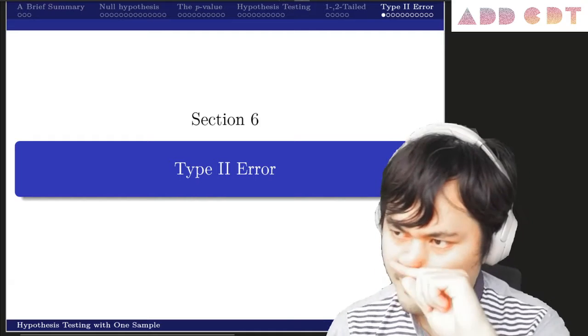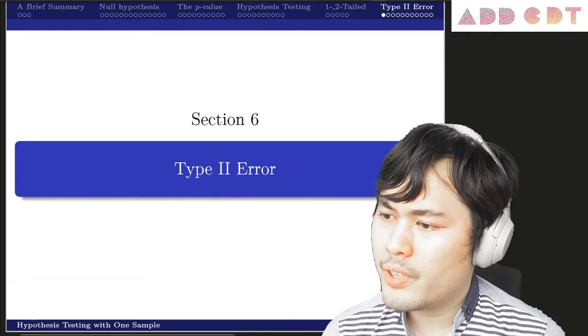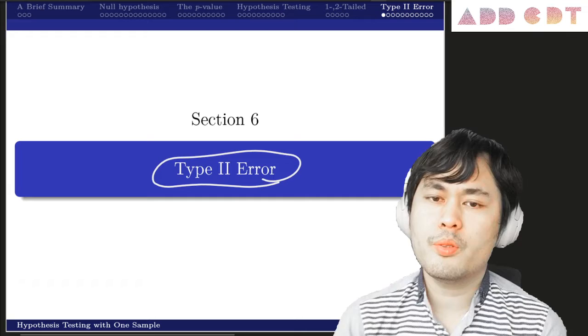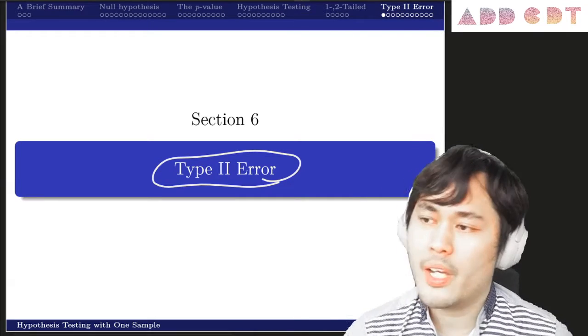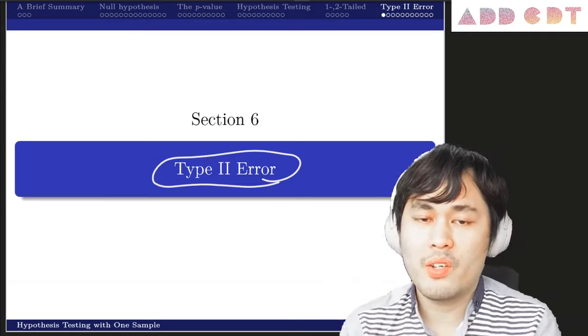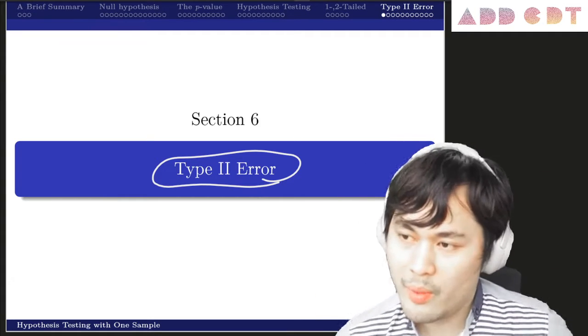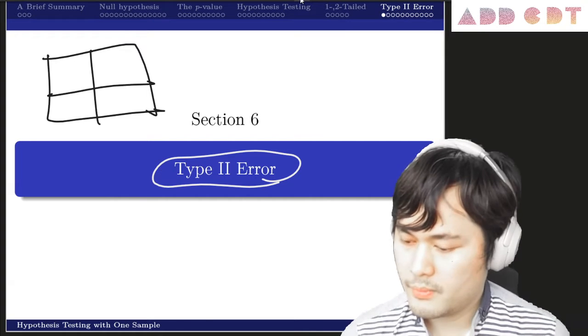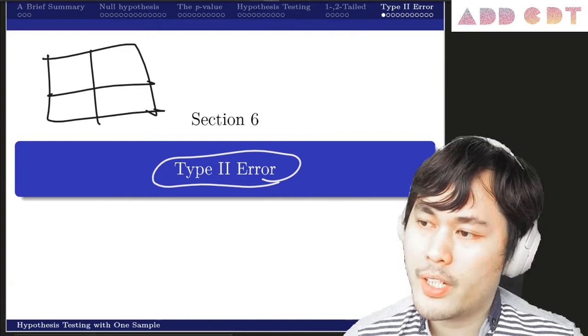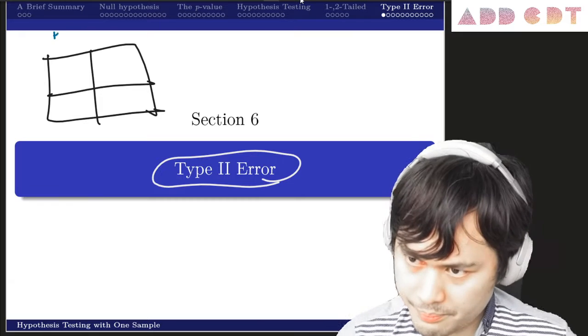But before that, let's recall what a type 2 error is. You can Google it now, or look at the slide, or look at previous clips, whatever you want. But recall that we have 4 different scenarios, right?